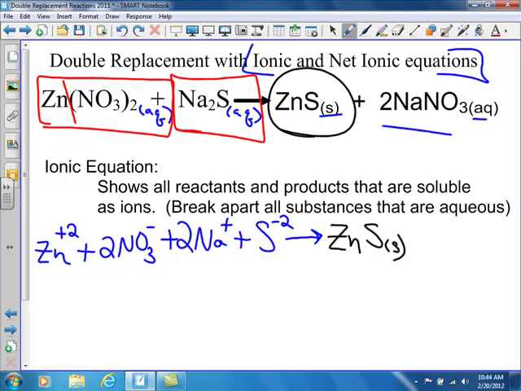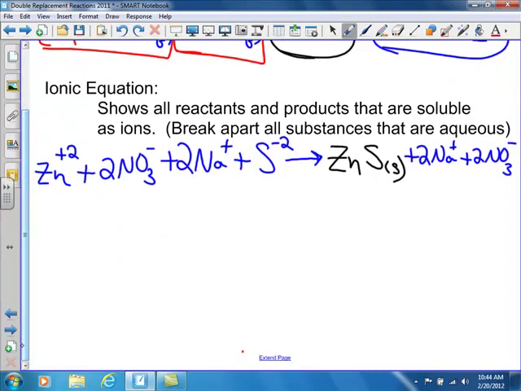But this is aqueous, so we add 2 Na plus ions plus 2 NO3 minus ions. So that's actually what's called an ionic equation. Everything that's soluble is broken apart into the ions. Now, we are going to show what's called a net ionic equation.